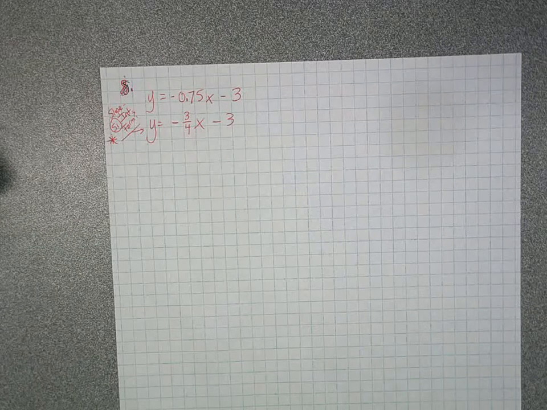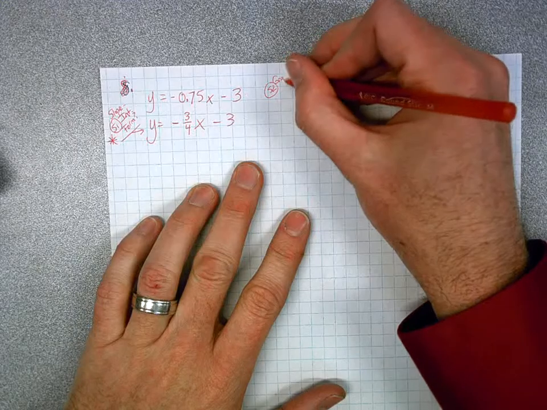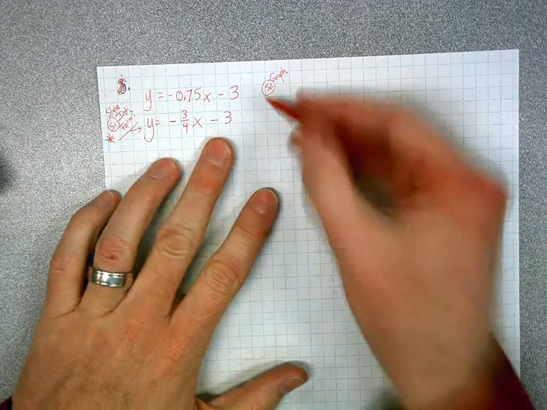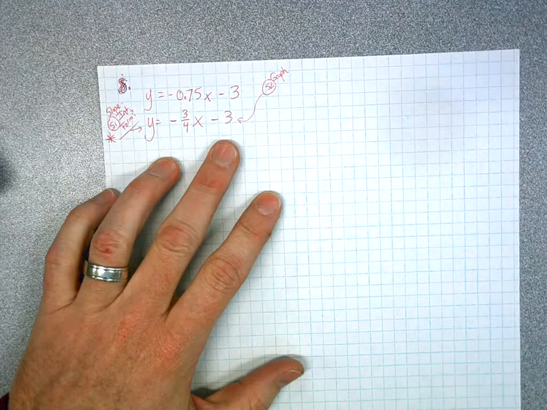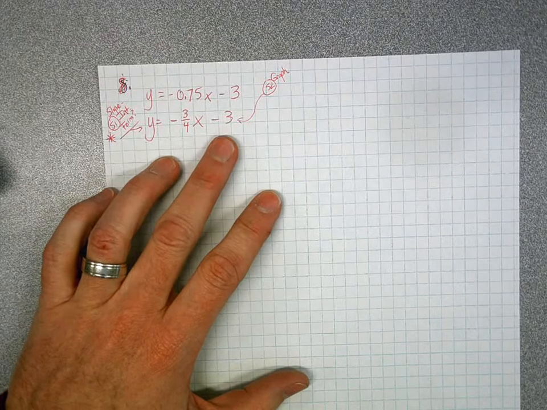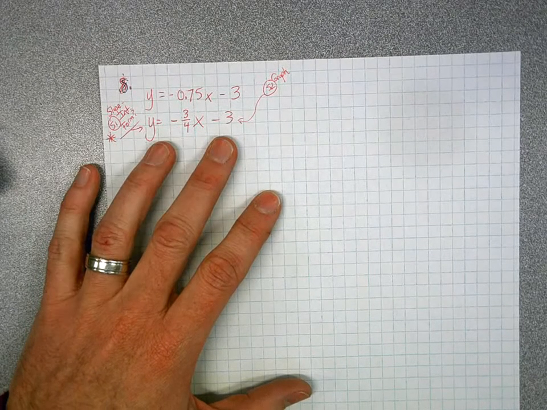Now, step 2 is we are going to build a coordinate graph. Here's the neat part about this: check and see what your y-intercept is when you do this. This will help you out a little bit. Our y-intercept is at -3, meaning it's going to cross the y-axis at -3.